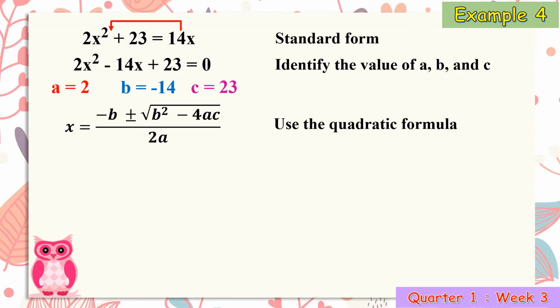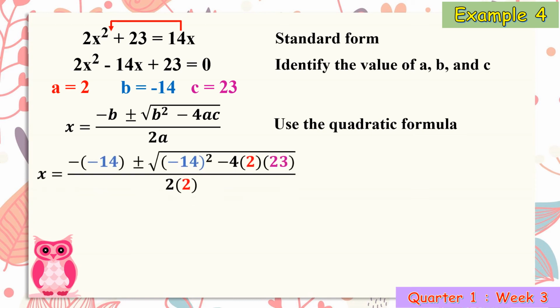So, from the quadratic formula, we will just substitute the values of a, b, and c based from the formula and based from the values that we got. So you got here negative times negative 14, plus minus the square root of negative 14 squared, minus 4 times 2 times 23, all over 2 times 2. So we have to simplify it one by one.